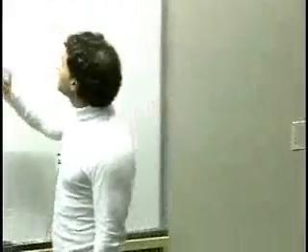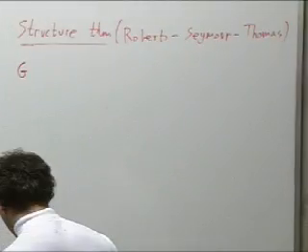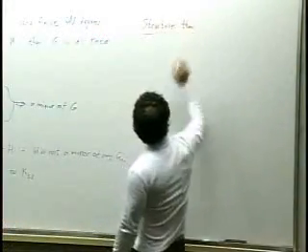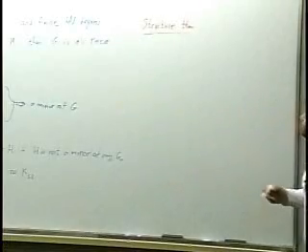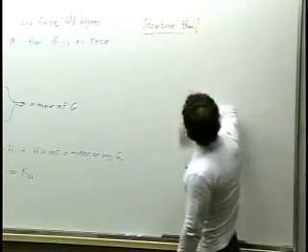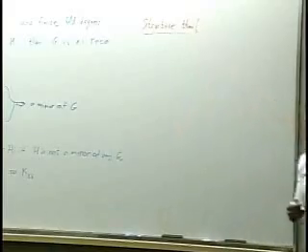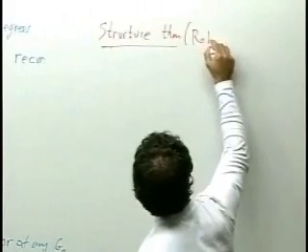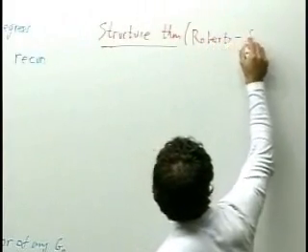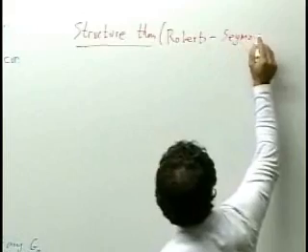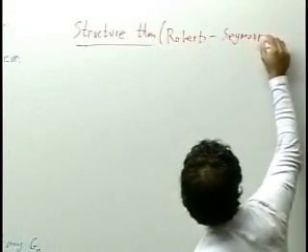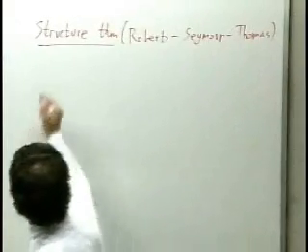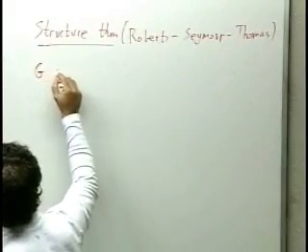And what is the structure? This is based on a theory for the structure of graphs with an excluded minor, due to Robertson, Seymour, and Thomas. And it says the following.